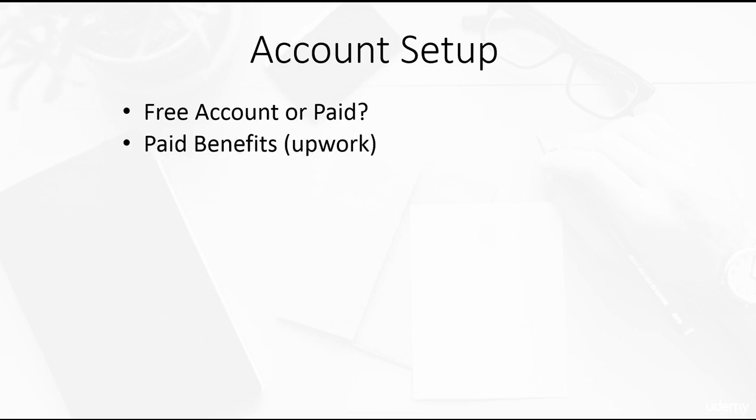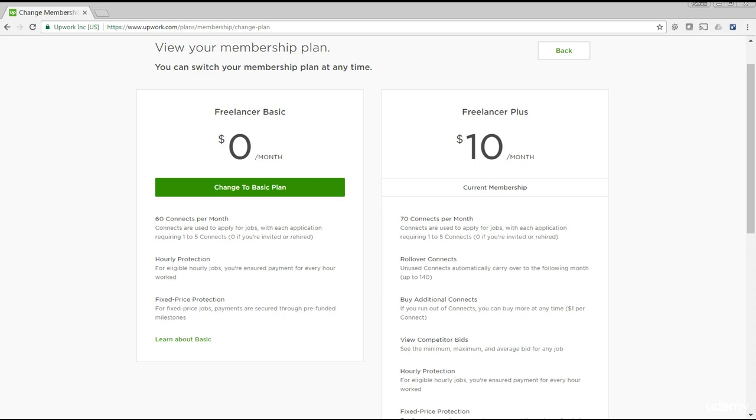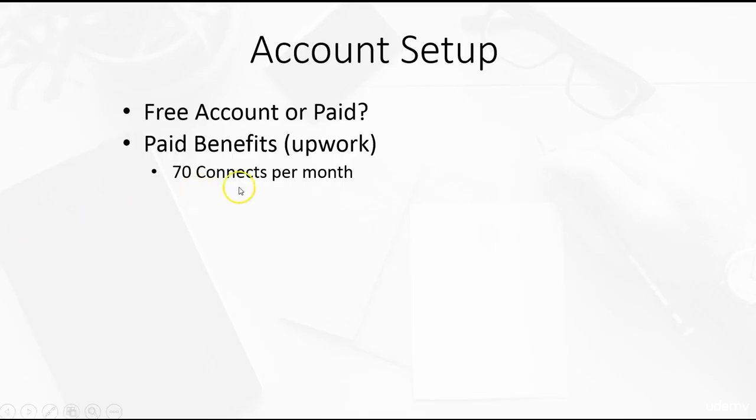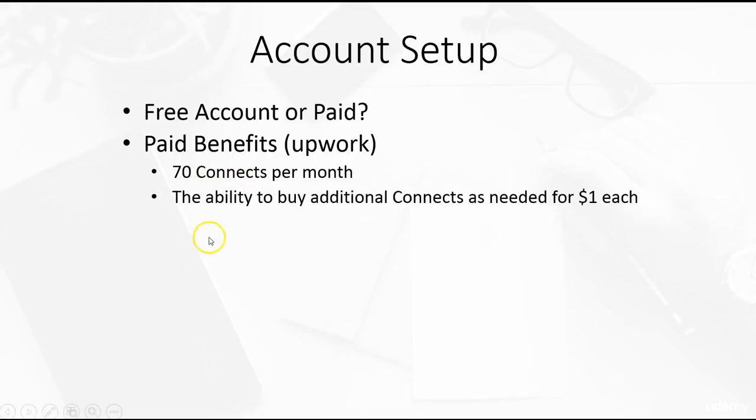So paid benefits of being a premium member on Upwork. You get 70 connects per month. So what is that over the free plan? 60 connects per month. Actually, that's not much of a difference, frankly. I'm not sure how much that really matters. The ability to buy additional connects as needed for $1 each. Most of you probably know, but a connect basically is the currency on Upwork that allows you to bid for jobs that are posted.